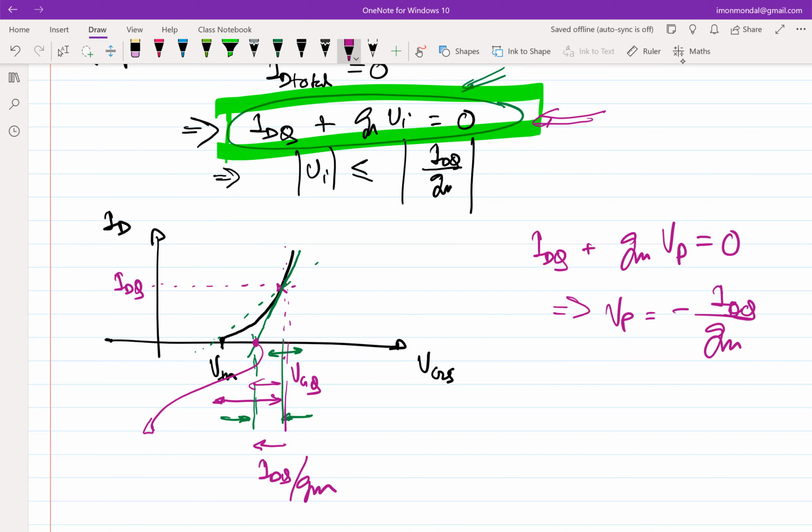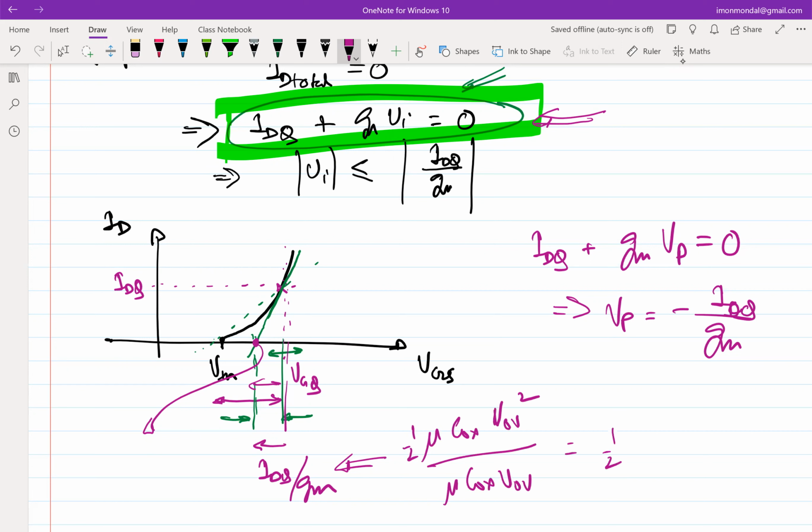Once you apply a signal, a sinusoid which has amplitude of IDQ by GM, then your total current plus incremental small signal current goes to 0. And as it turns out, if you put in the values, this is equal to mu Cox V overdrive squared by mu Cox V overdrive, right?